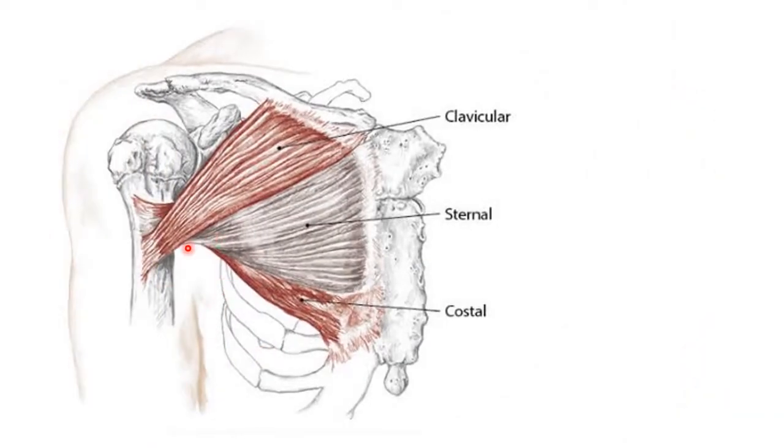Now what you have to understand here is this posterior laminae, the lower fibers, which are twisting and then reach the lateral lip of intertubercular sulcus behind the anterior laminae.